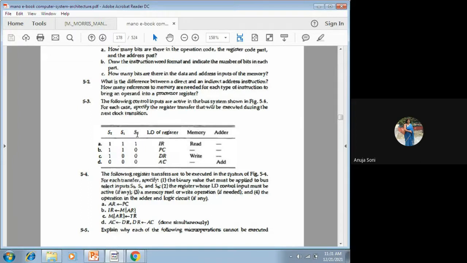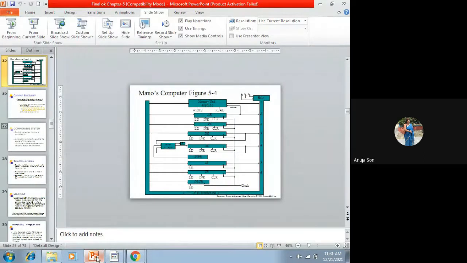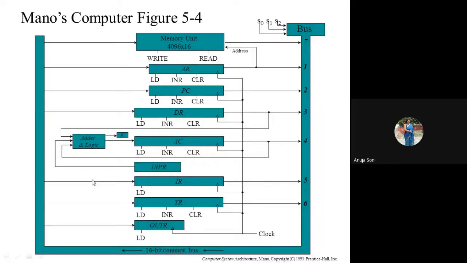Means whenever the value of S0, S1, S2 becomes 7. And which other control signals are given? You can see that against the memory, number 7 is written.